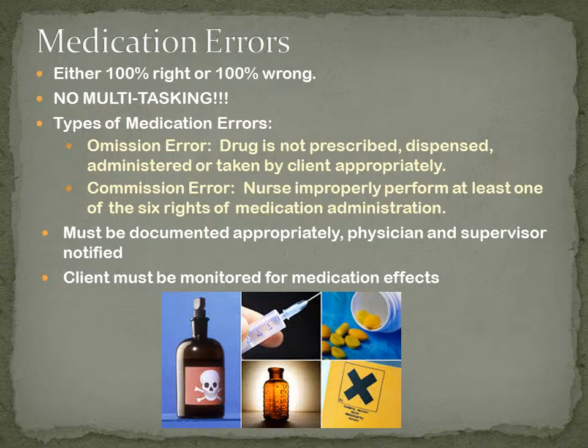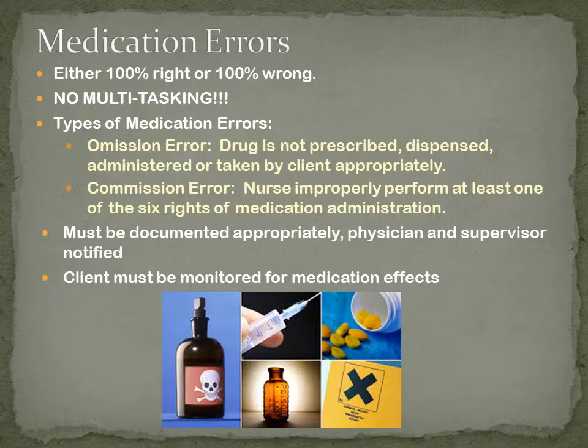There are a couple of types of medication errors. You have the omission error and the commission error. Medication errors can cause client harm. Errors include inaccurate prescribing or administration, or giving it through the wrong route or frequency.